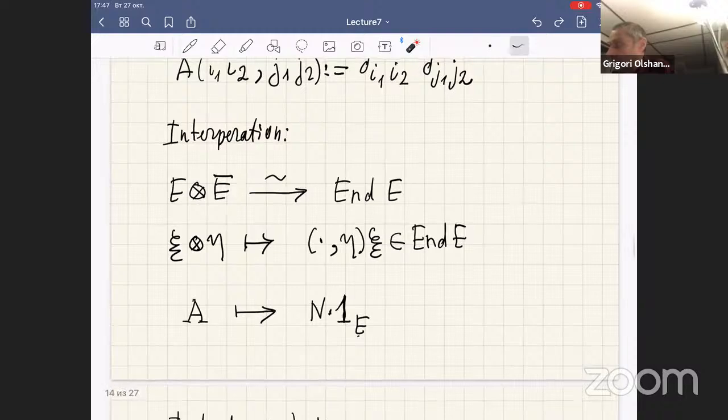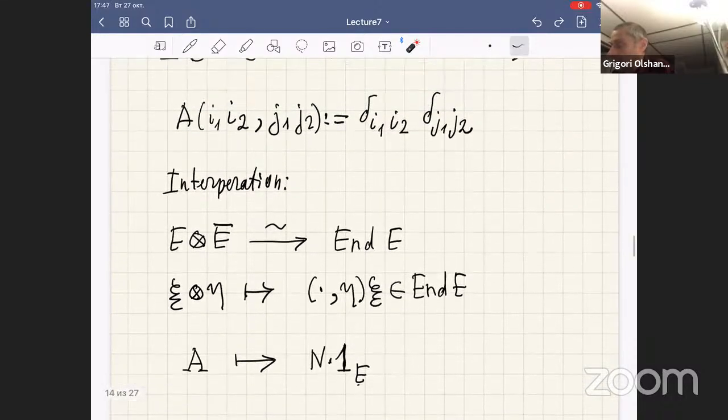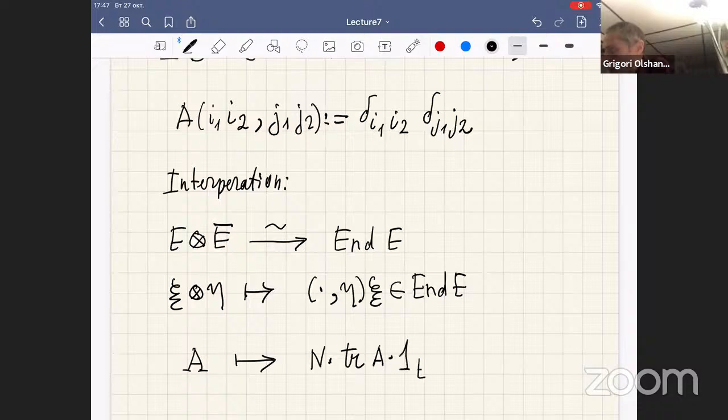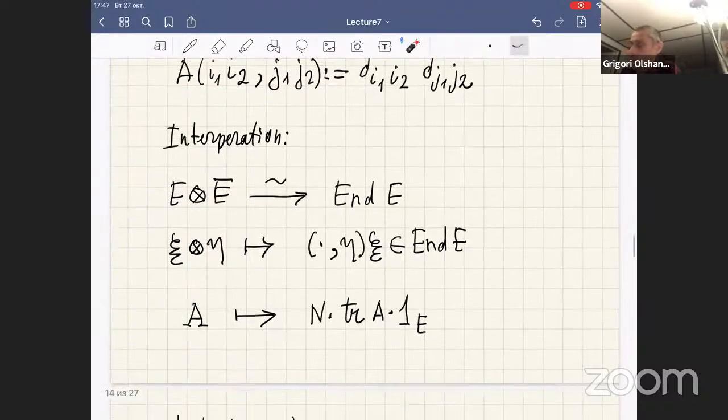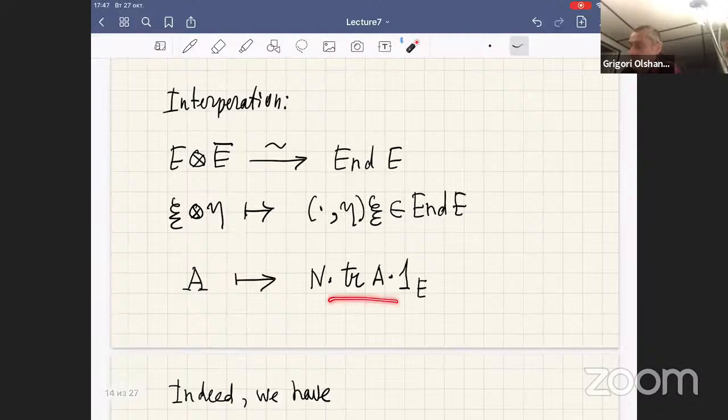I'm sorry, it's bad. Excuse me. I need to correct it. Take the trace of A, multiply by the identity operator. This is what I want to explain.